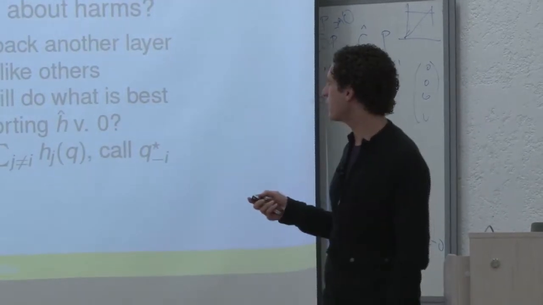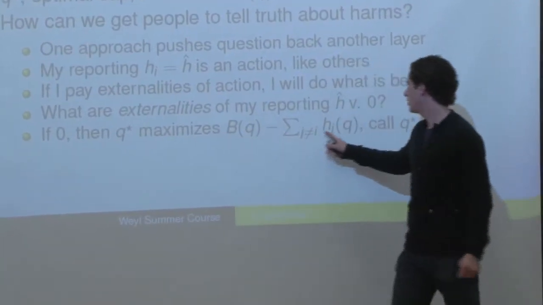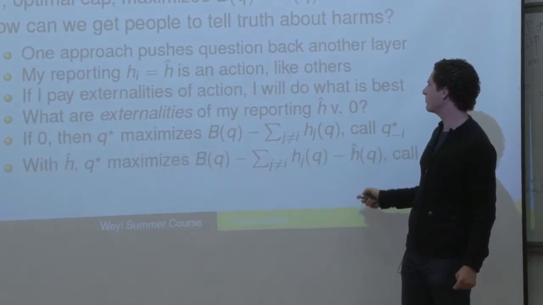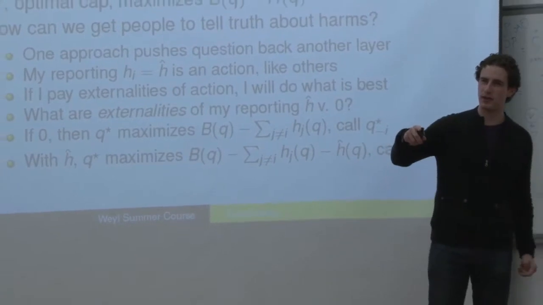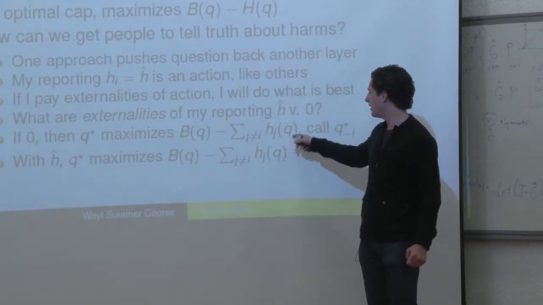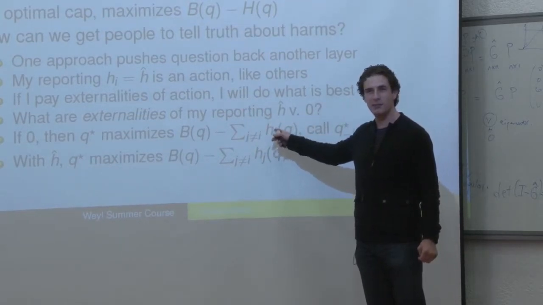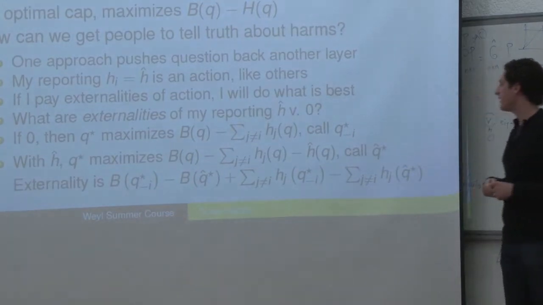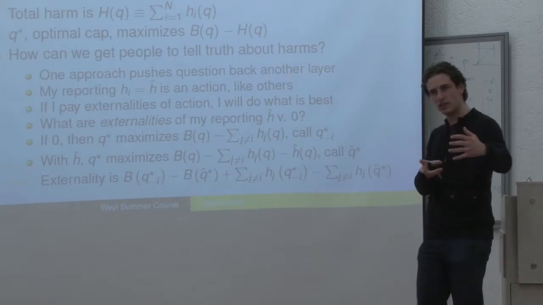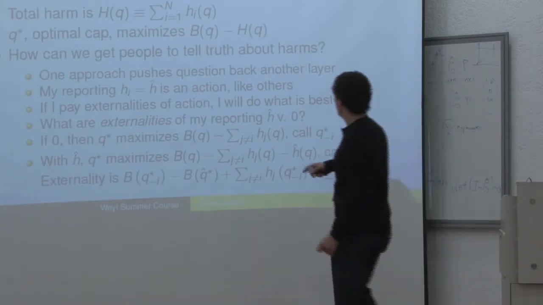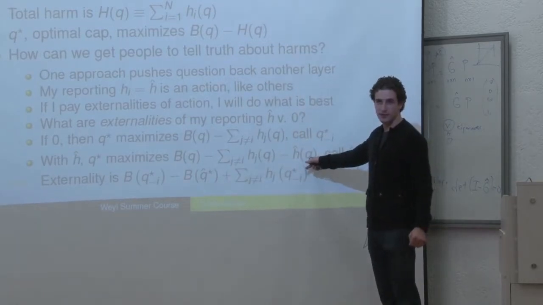Well, if we're going to choose Q star to maximize the social value, then it's however much worse off everybody else would be with the optimum including my H_i equals H hat rather than it being 0. So what does that mean? It's the amount that the total value to everyone other than me changes from the optimum when the value is this to when the value is this.